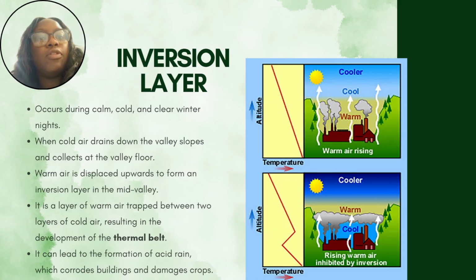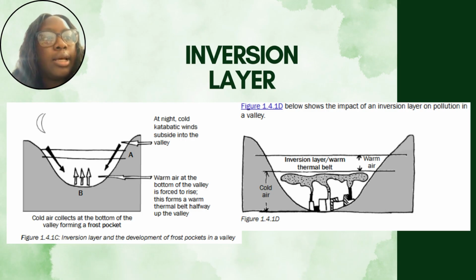So this can lead to the formation of acid rain that corrodes buildings and damages crops, right? So you can see from the diagram on the right the effect of the temperature. As the temperature is changing, the warm air is sort of trapped between the cool air, right?